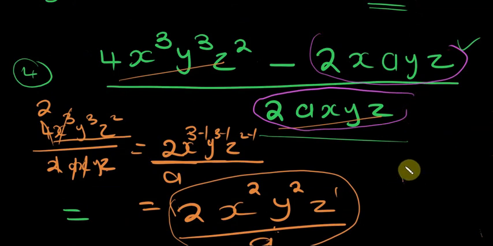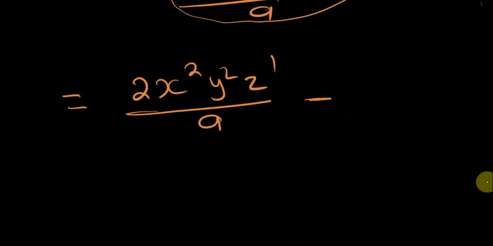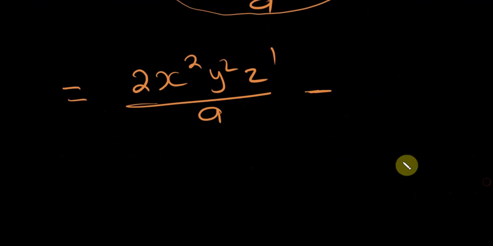Okay, so let's do that. 2 and 2 is 1. X cancels out, a and a cancel out, y and y cancel out, z and z cancel out. The answer is 1.